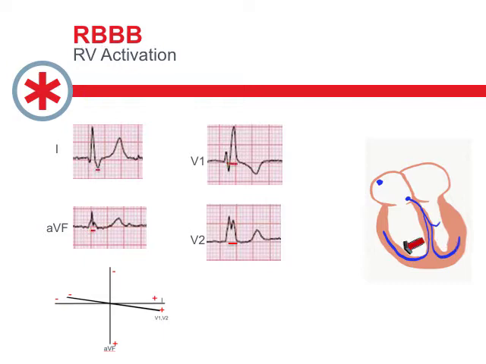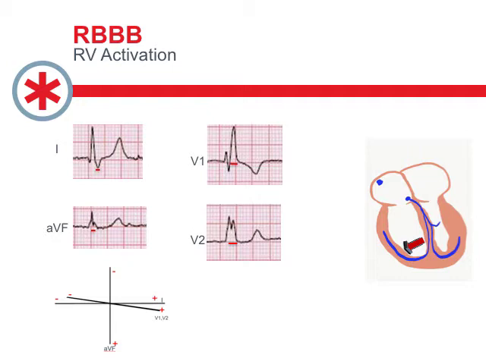And so at the end of this QRS complex, of course, we now get the delayed activation of the right ventricle. The right ventricle activates in a way that looks like the arrow on the diagram here. If you look at lead 1, it's going to be a bit negative as it flows towards the left, towards your patient's right.